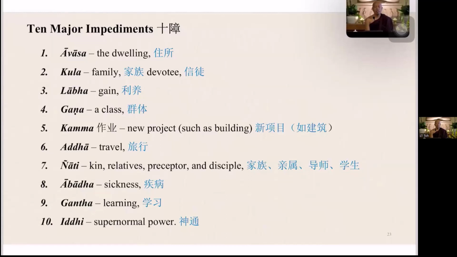For an ordinary person, with preceptor and disciples, we all have duties. If we are fulfilling our duties, we have to be busy, and we cannot meditate well. It becomes an impediment. Actually, in the Buddha's teaching, especially in the Vinaya, the preceptor is like a father.